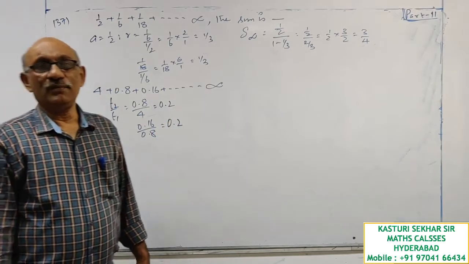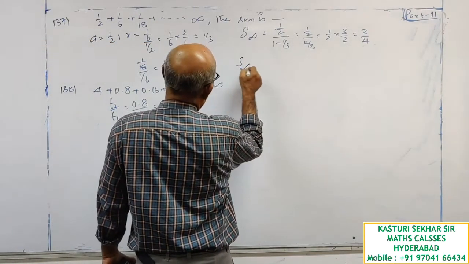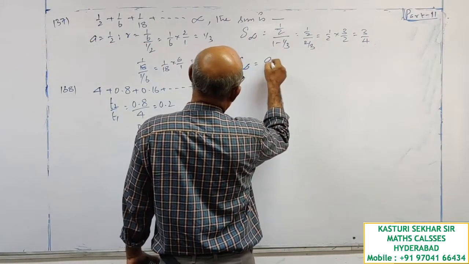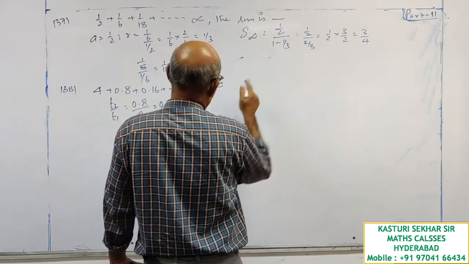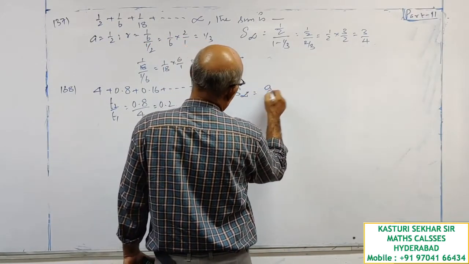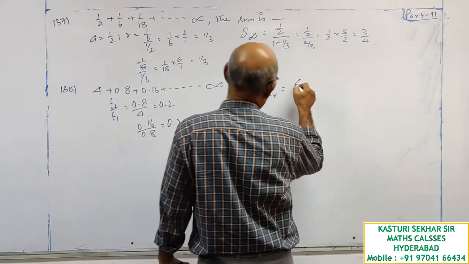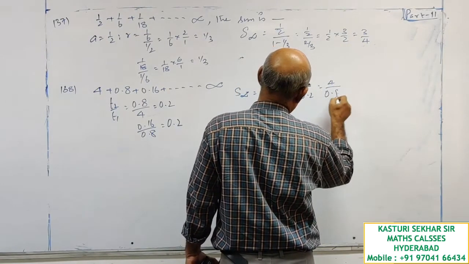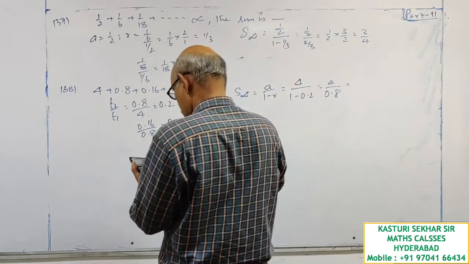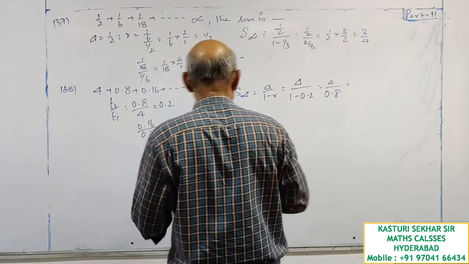Common ratio is same, so it is in geometric progression. S infinity is equal to A by 1 minus R. A is equal to 4, 1 minus 0.2, 4 divided by 0.8, 5.